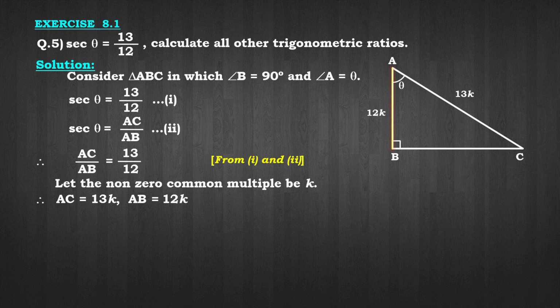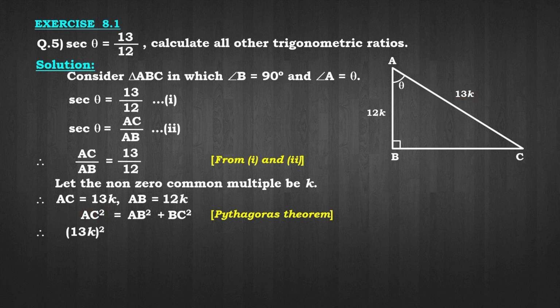Now, we need to find the third side, BC. Since the triangle is right-angled at B, we use Pythagoras' theorem. According to this theorem, the square of the hypotenuse is equal to the sum of the squares of the other two sides. So, the square of side AC is equal to the square of side AB plus the square of side BC.